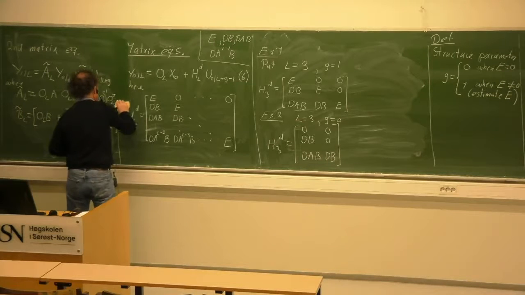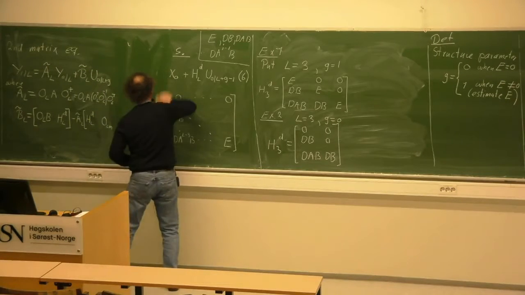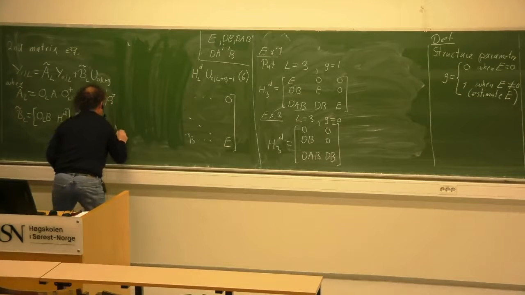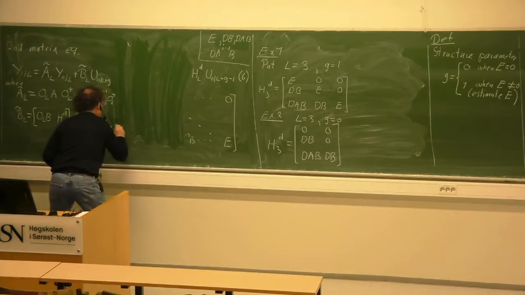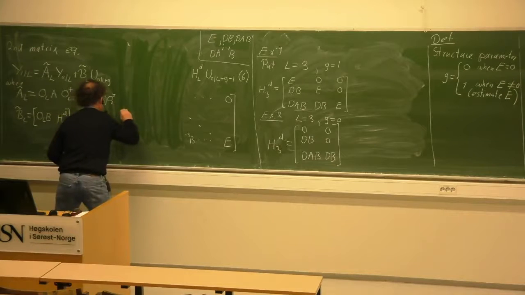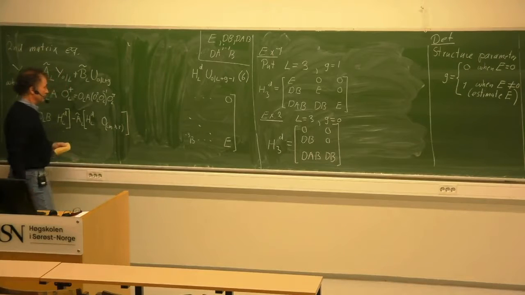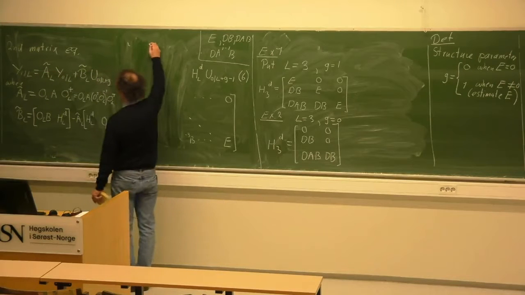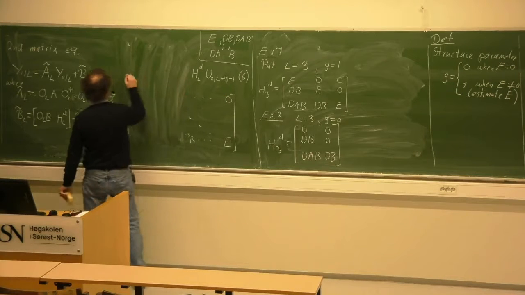I need some space here to define this one. LM by R. The number of columns in this one is R. Equation 6 is this one, and 7 then.